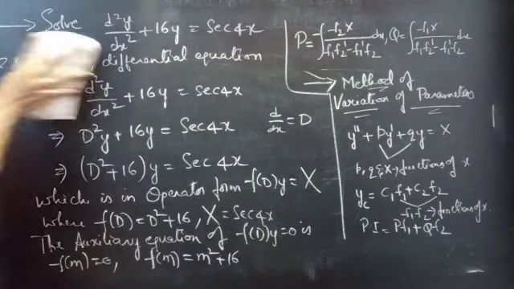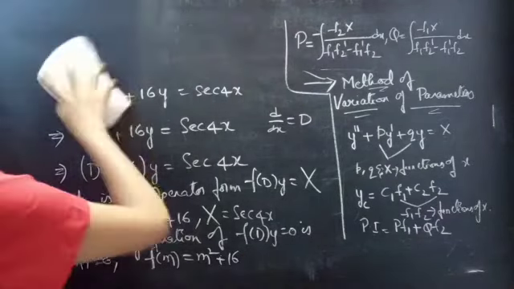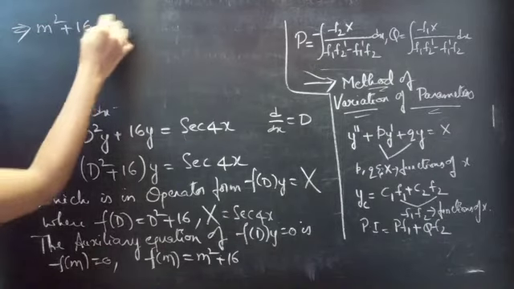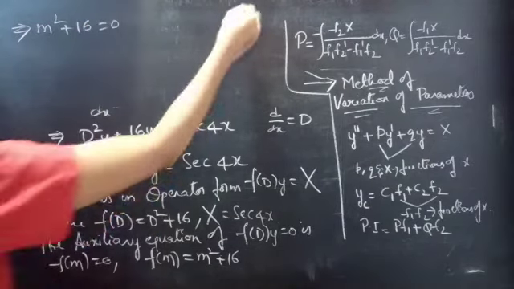Then our auxiliary equation will be m square plus 16 equals 0, right?